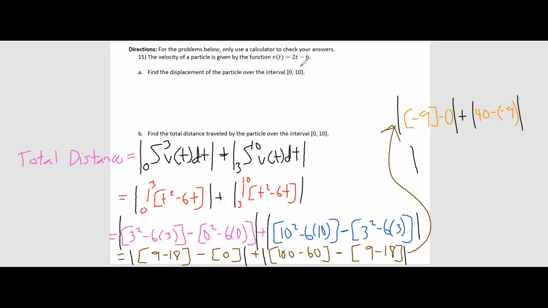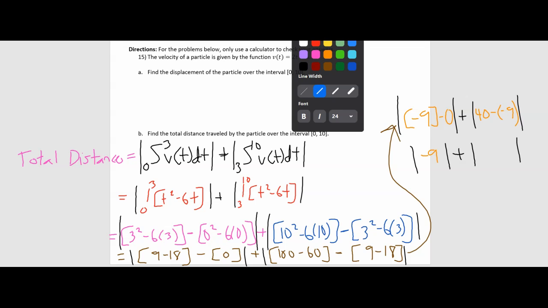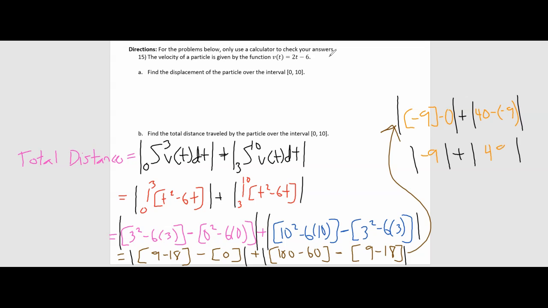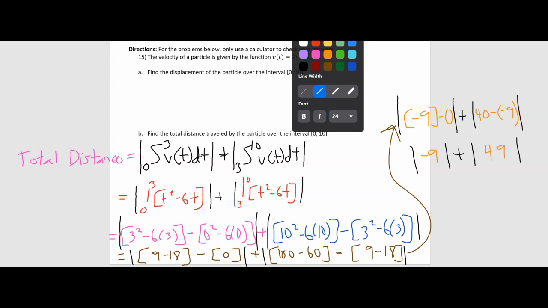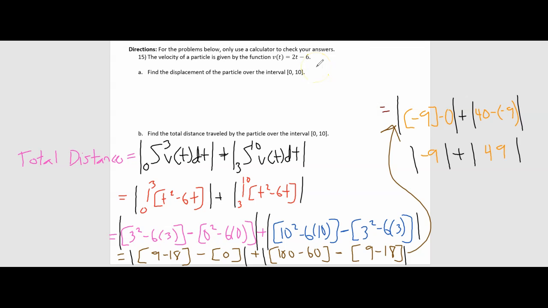That gives me the absolute value of negative 9 plus the absolute value of 49. That gives me 9 plus 49, and that gives me a total distance of 58.